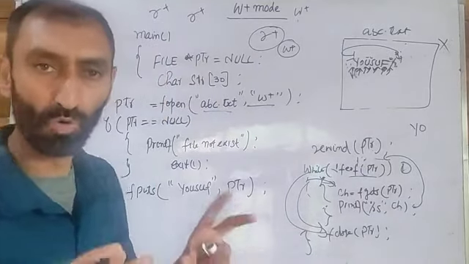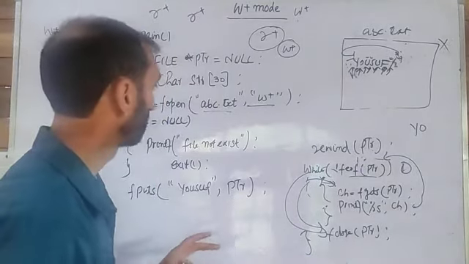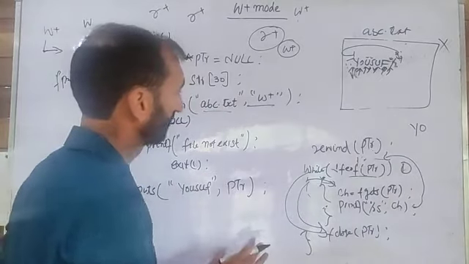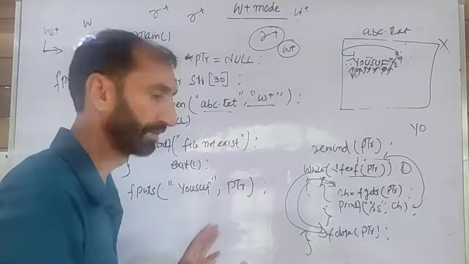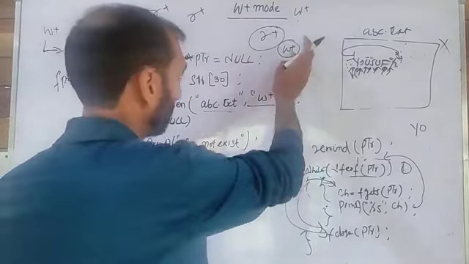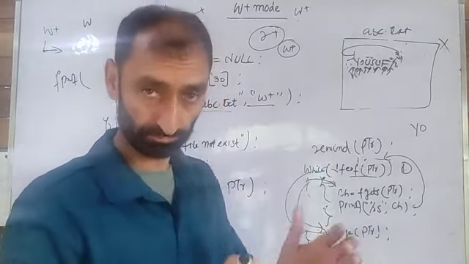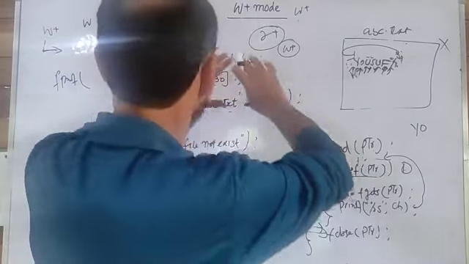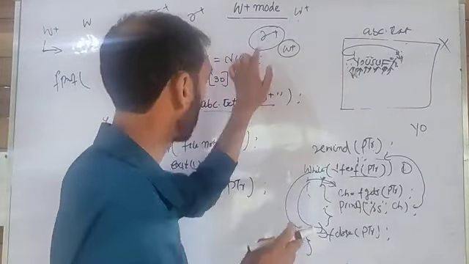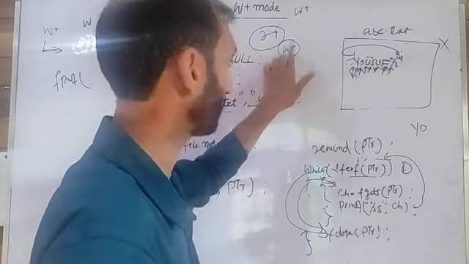I hope that you have understood what would be the effect on the output of the file if we open it in the W+ mode, and I also hope that you have understood the difference between R+ and W+ mode.